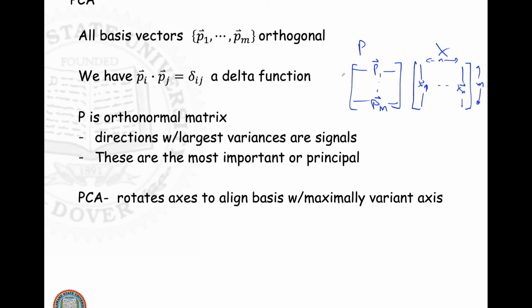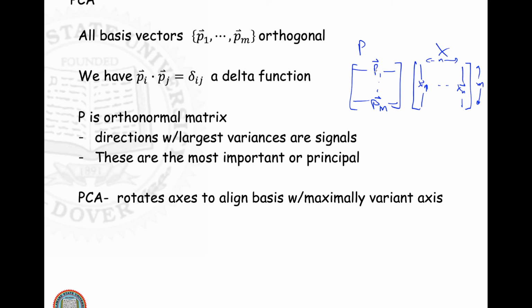Okay, so essentially what we're doing is we have a system P, and the rows of P are going to be basis vectors. So let's further describe this P here. All of the basis vectors, regardless of their value, we're going to assume they have the property that they're orthogonal.